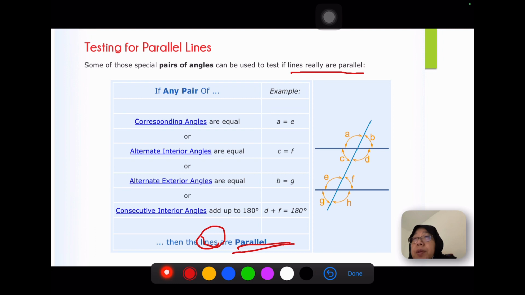So at this point, you do need to know what corresponding angles, alternate interior angles, alternate exterior angles, and consecutive interior angles are. Then you can determine whether those two lines are parallel or not.